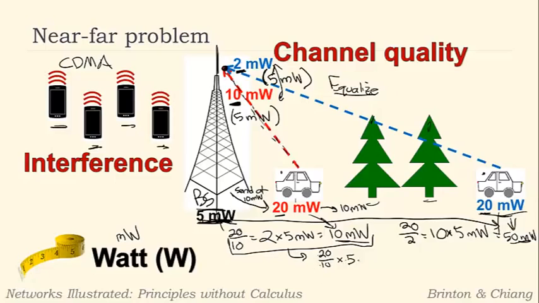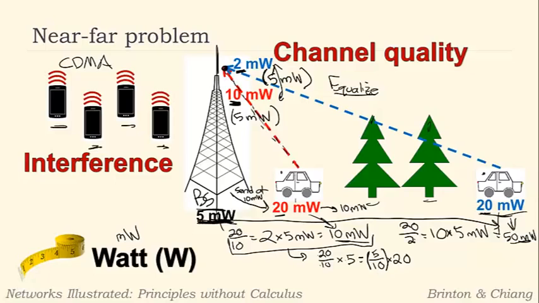So if we rearrange this and put the transmit power out front, we can say that this is equal to 5 divided by 10, because we're multiplying, so I can move any of the terms. So 5 divided by 10, and then we'll multiply that by 20, which is the transmit power. So we can take this as a constant term, because the 5 milliwatts is constant, and whatever is received is constant for this time.